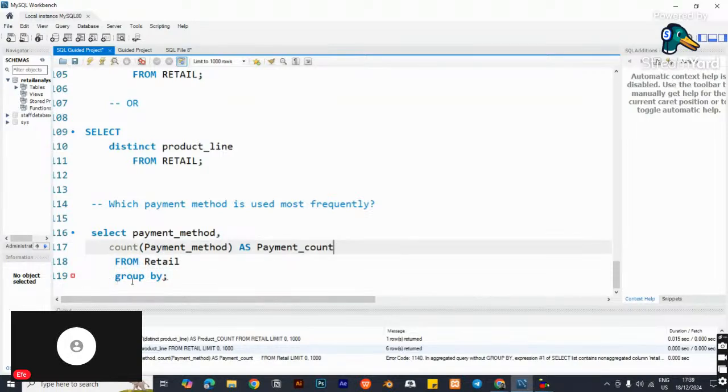Let me check this. Okay. We'll use group by payment method.